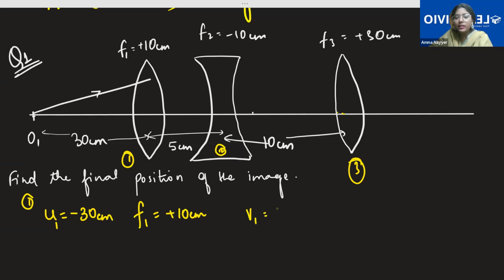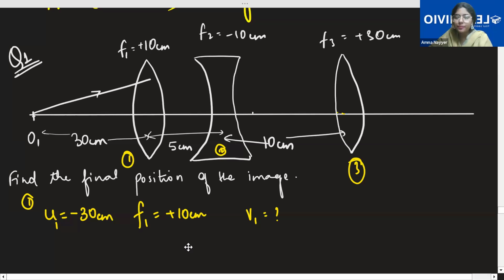Now we want to get the value of v1 first. We'll see where it is placed. Marwa, can you tell me which formula is suitable here?